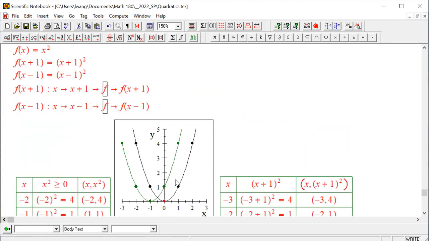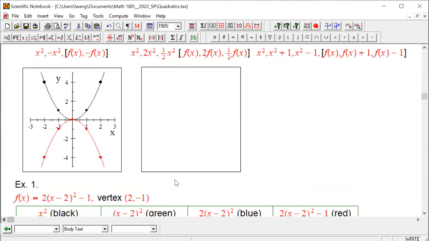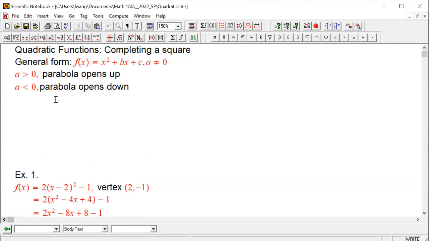And the next is, how do we do the perfect square? How do we do completing the square? So the goal of this section is to convert this form, using some algebraic conversion, so that it equals a times x minus something squared plus k.